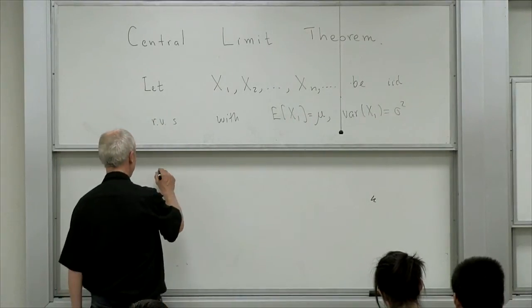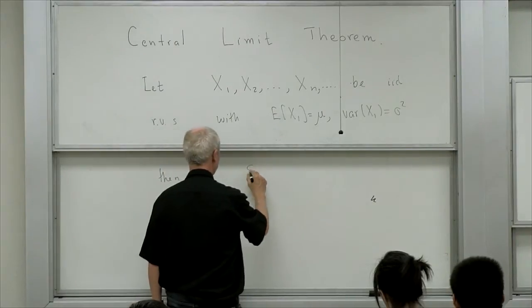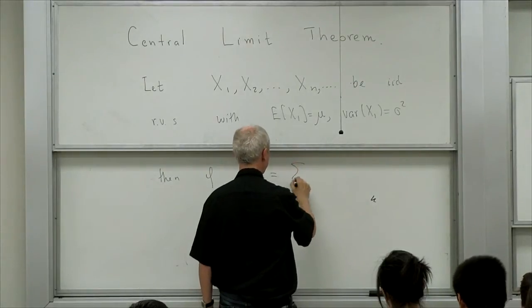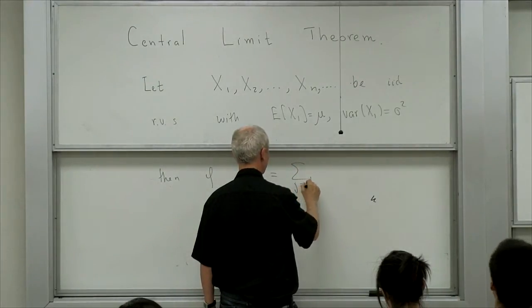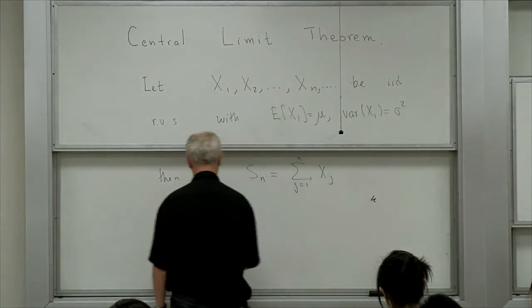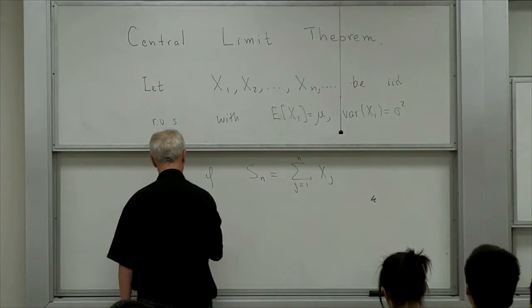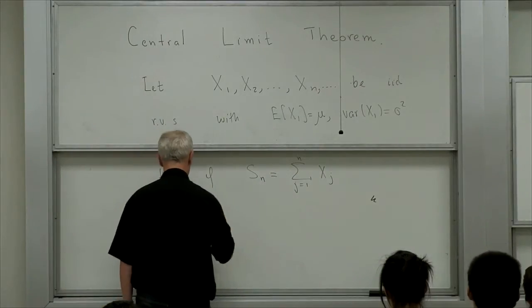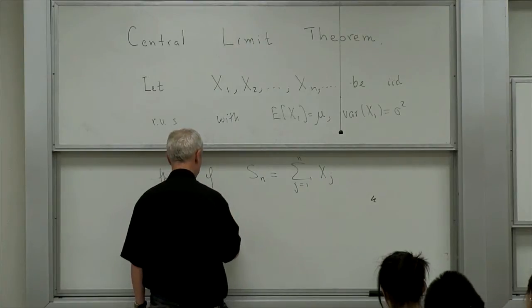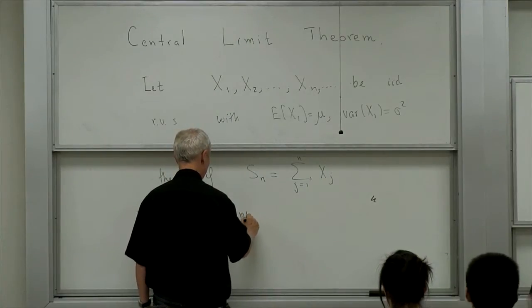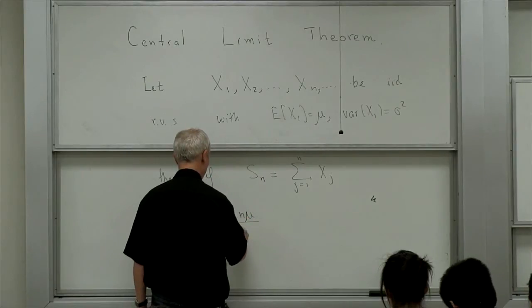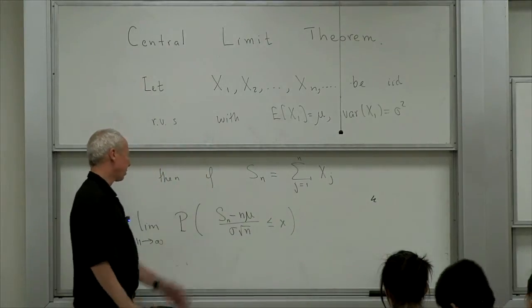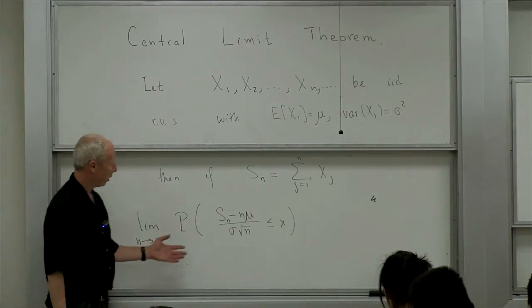Then, if we have that, we add up the first n random variables, and we look at the probability that this expression is less than or equal to x.